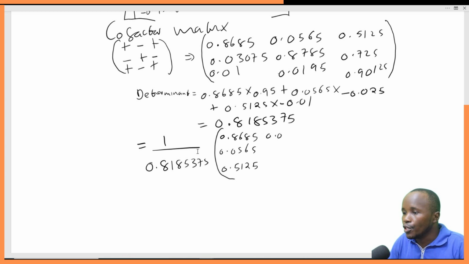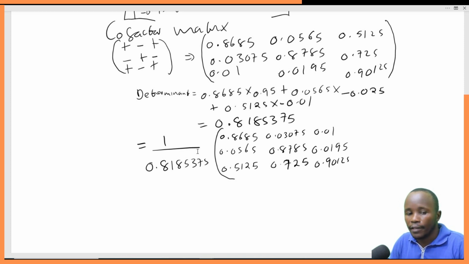This is 0.03075, then 0.8785, then 0.725. The last row, this is 0.01, 0.0195, and then this is 0.90125. This is what we called the inverse of a 3 by 3 matrix.